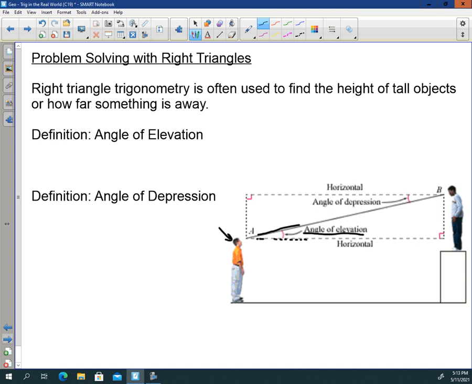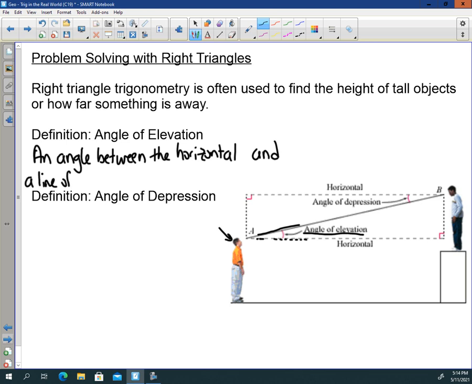It's an angle between the horizontal and a line of sight to some object above. So it's all about looking up. It's the angle that you're looking up at.